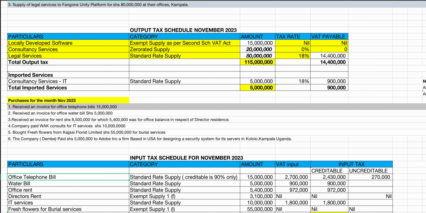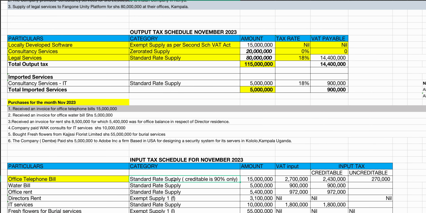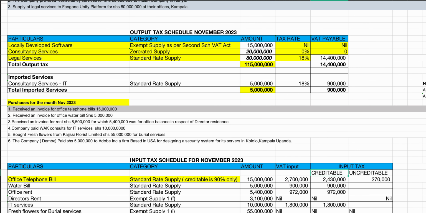As you can see, my office telephone bill down here, I'll highlight it with yellow. It's a standard supply, yes, but only 90% is creditable. So 15 million, the total VAT input is 2.7. This times this, we get 18, 2.7. We have creditable and uncreditable. So we are saying out of this, we are only crediting 90%, and the 10% is uncreditable.